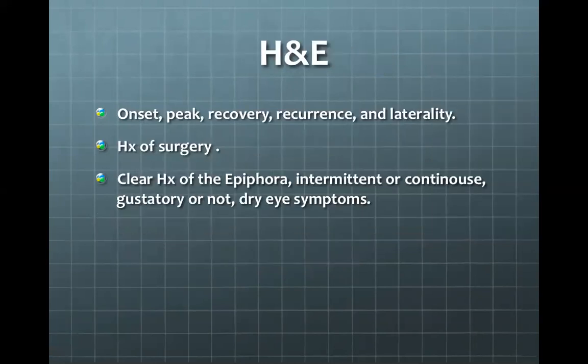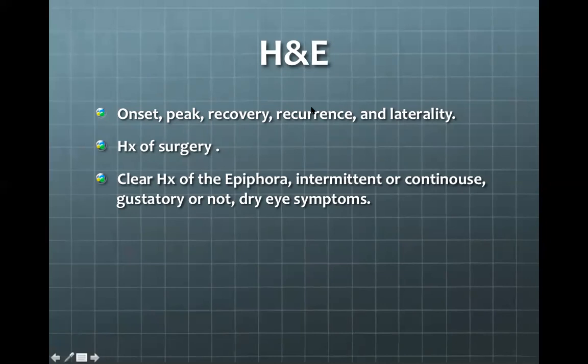So in history and examination, you should ask about the onset, when it peaked, if there is recovery, and if there is recurrence, and if it is unilateral or bilateral or alternating. All these questions will direct you in the differential diagnosis, and most importantly will tell you if it is just a Bell's palsy or something else.